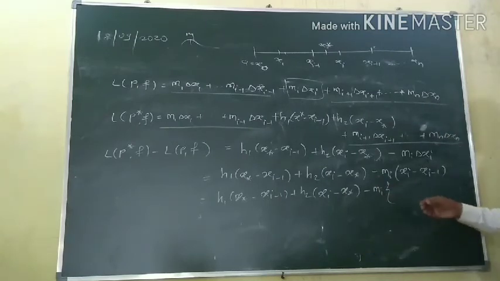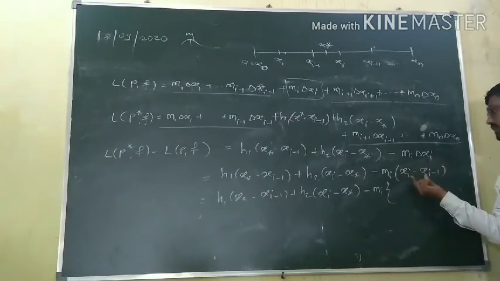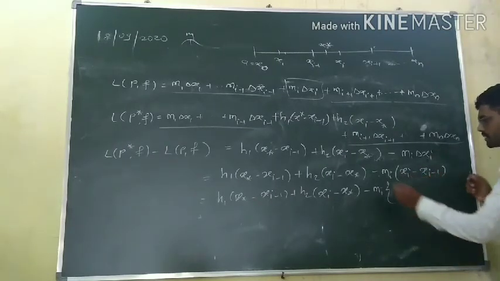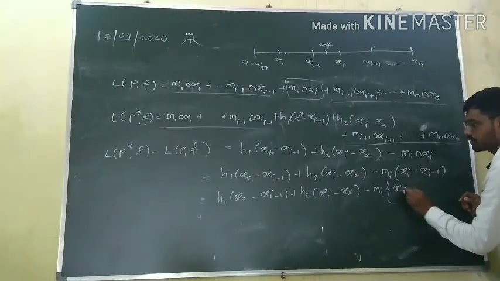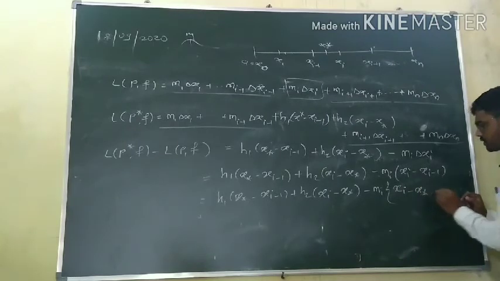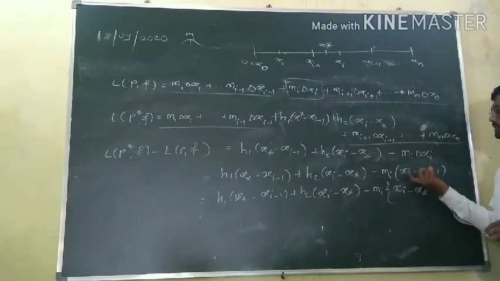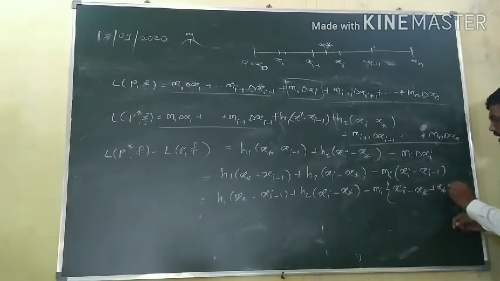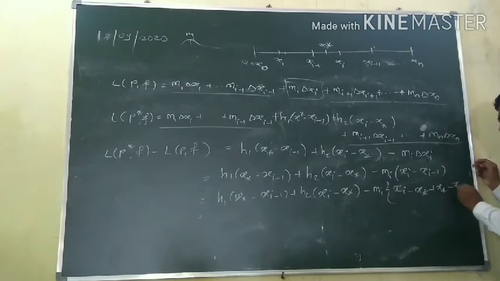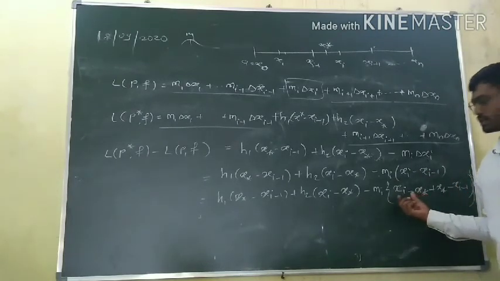Now we subtract x star and add x star here, so the term does not get disturbed. There is only some adjustment: x i minus x star, and then we have to add x star again, so plus x star minus x i minus 1 as it is.